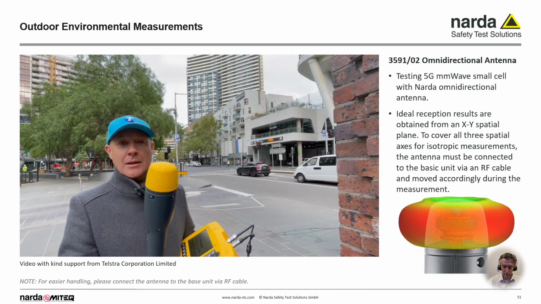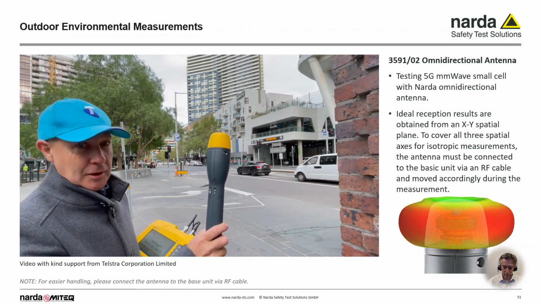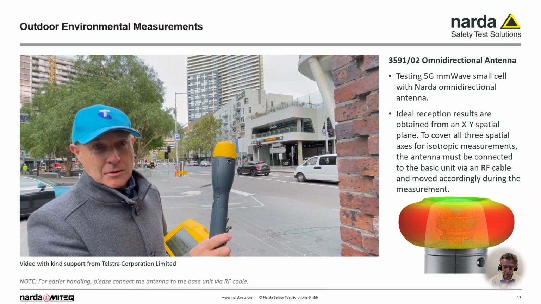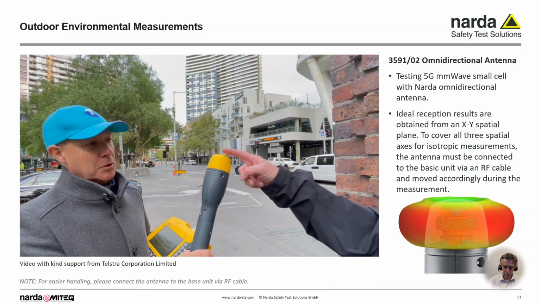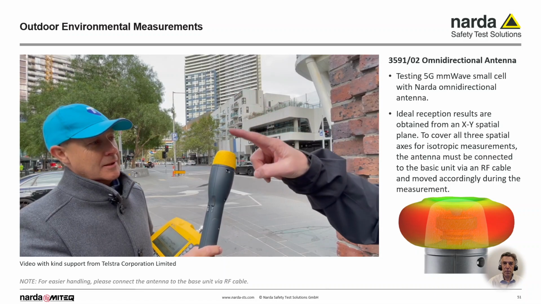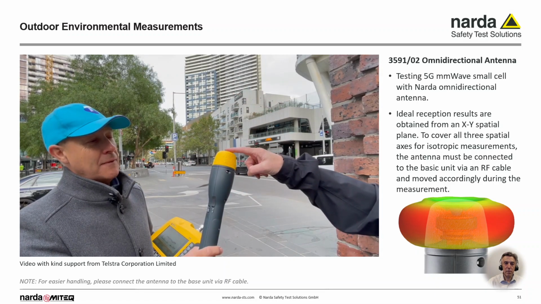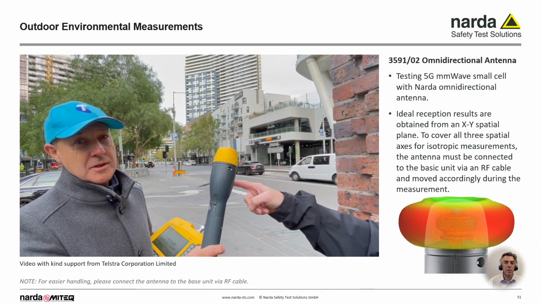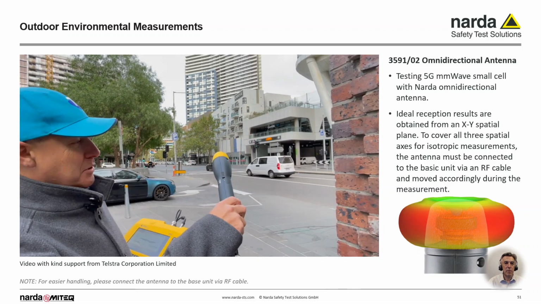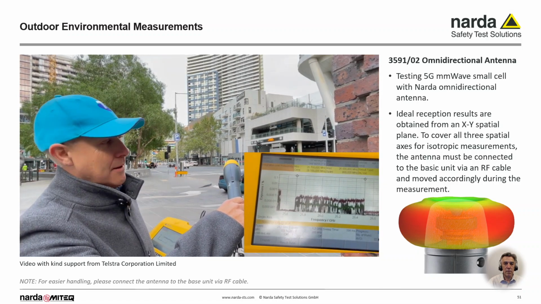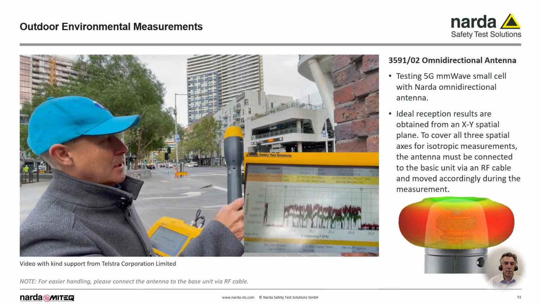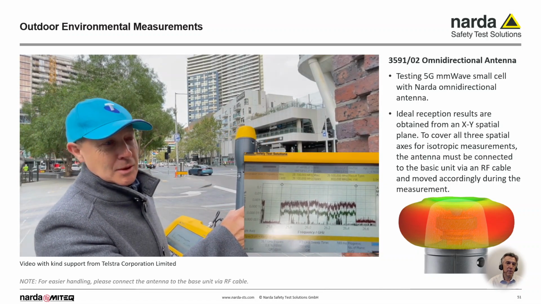Now this antenna actually has to be orientated vertically to pick up the most signal because it has a donut-shaped pattern. Now, Phil, if you want to show what the pattern looks like, it has a minimum if you're pointing straight towards the small cell. So if I was pointing towards the small cell, I'm actually reading a null. I have to rotate the antenna up so that it's picking up the maximum level.